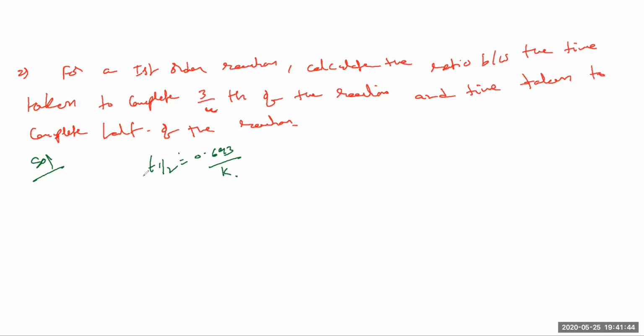Now we should find T is equal to 2.303 by K into log of initial concentration A by A minus x. So 3 by 4 means 3A by 4, x means 3A by 4 you can write. Then what will come?